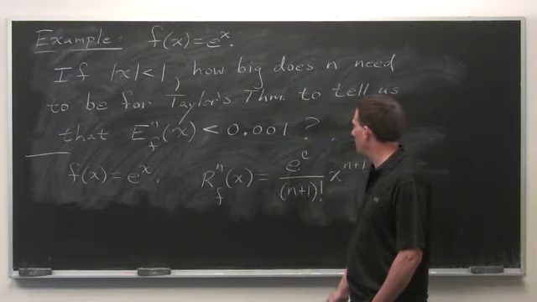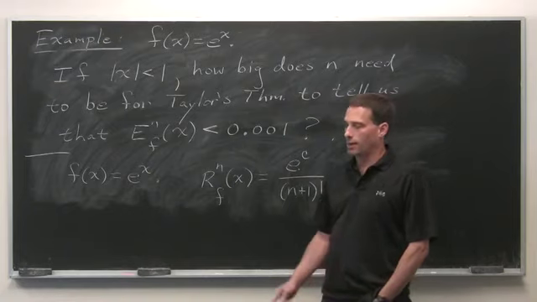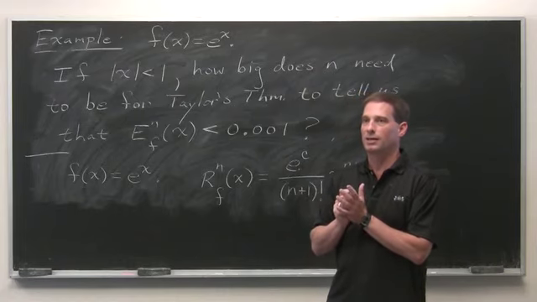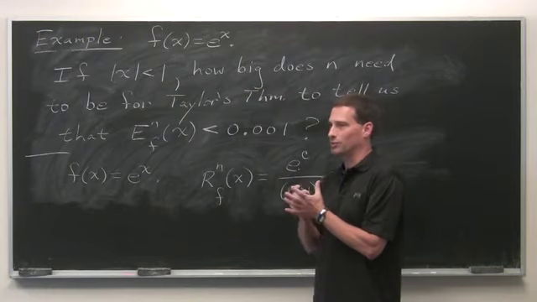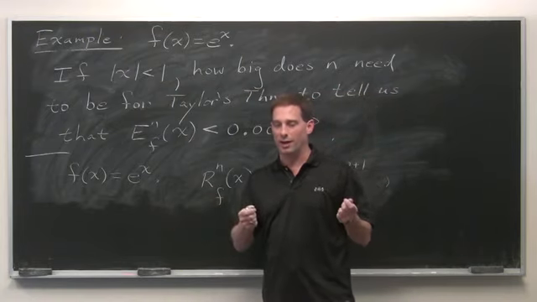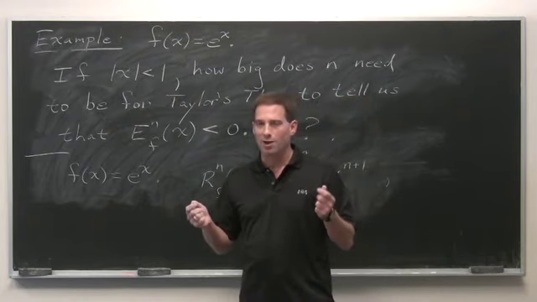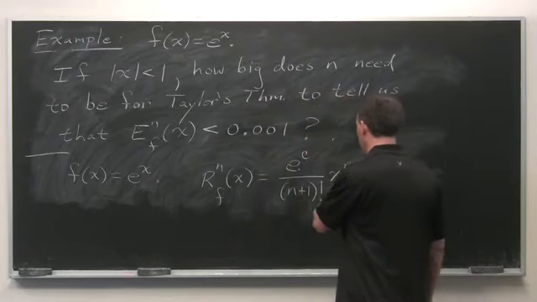I should have said this before: when x is a, there's no error. So when I say c is strictly between a and x, that was just so I could say there's a c strictly between a and x. But when x is in fact equal to a, so there is no c in the open interval between them, the error is 0, because then the Taylor polynomial equals the function.